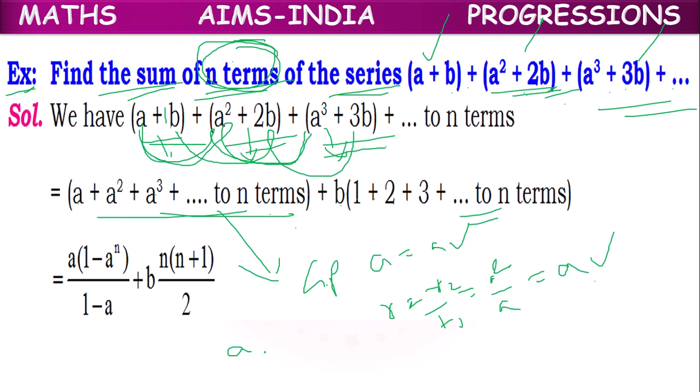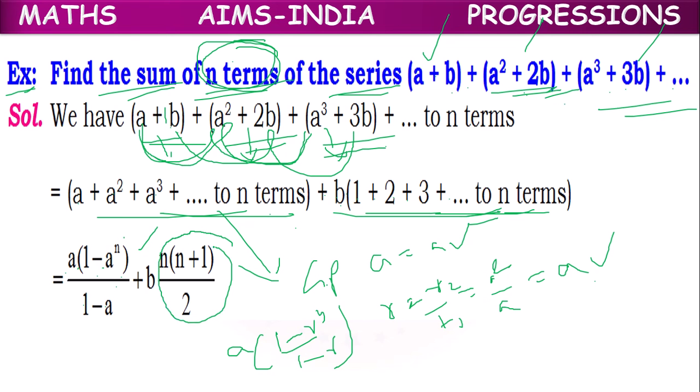So according to the formula, sum of n terms is a into 1 minus r power n by 1 minus r. In the place of r also we can keep a. So a into 1 minus a power n by 1 minus a plus b into the sum of first n natural numbers. We have the direct formula n into n plus 1 by 2.